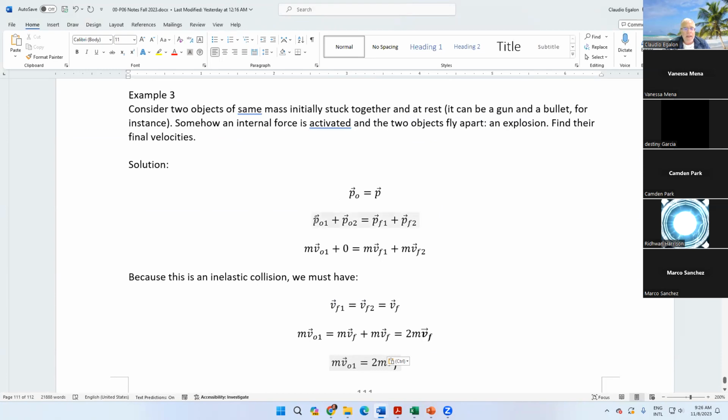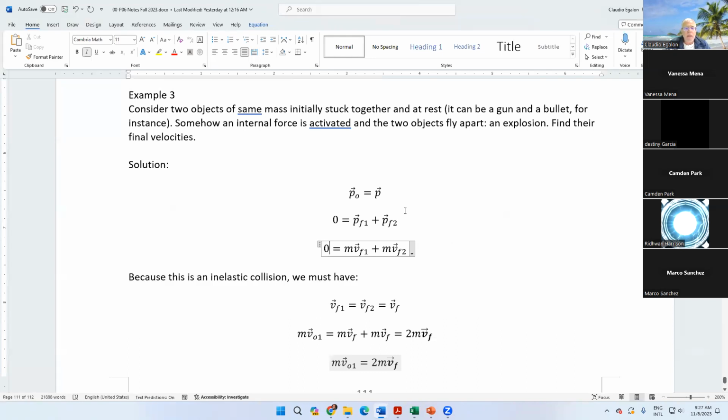The difference is that the initial momentum is going to be 0 because both objects are at rest. Left side is going to be, they both have the same mass.